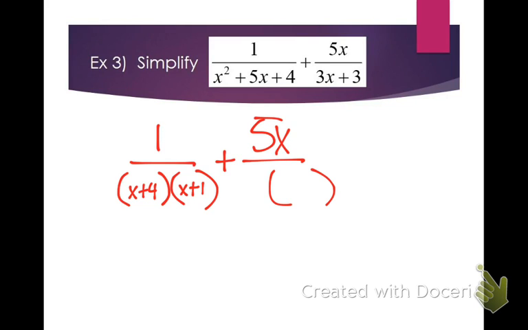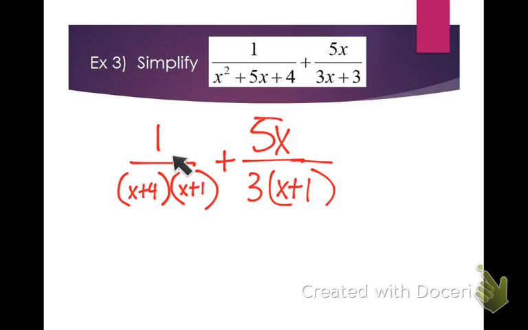My other denominator? 3x plus 1. Okay. If I'm wanting these denominators to match, I want them to have all the same factors the same number of times. Does that make sense? You need to have all the same factors the same number of times so that they would multiply out to be the same thing.